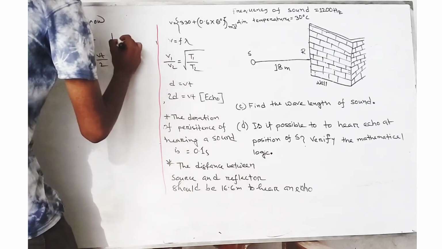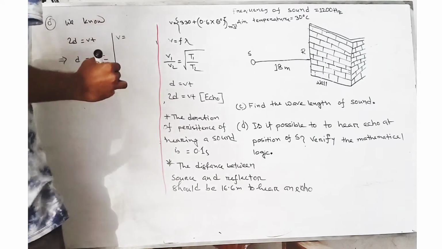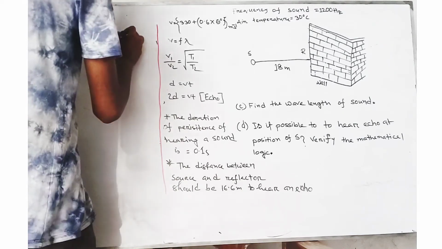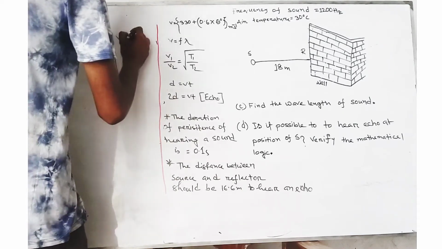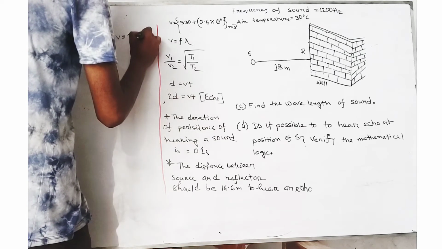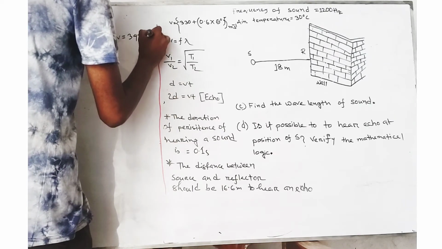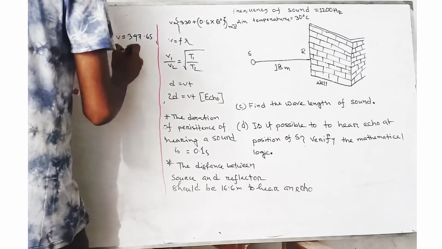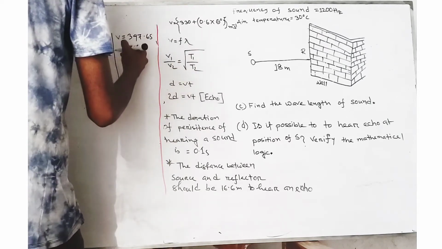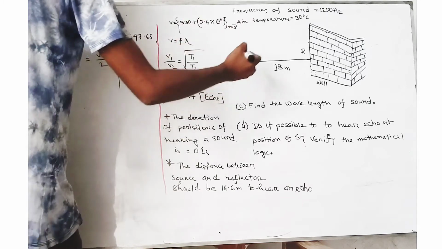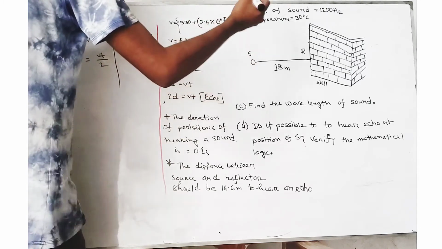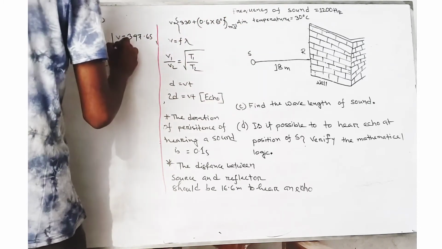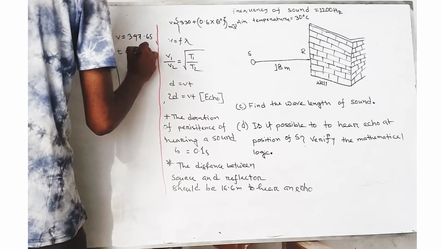Here V, found from the data, is 347.65. We got it from the mathematical equation utilized in C, and t equal to 0.1 second.